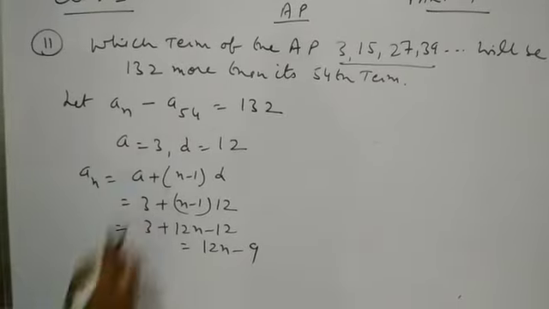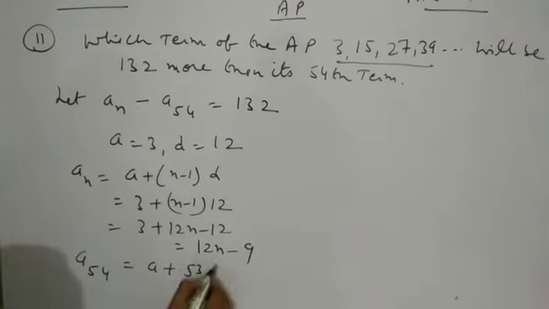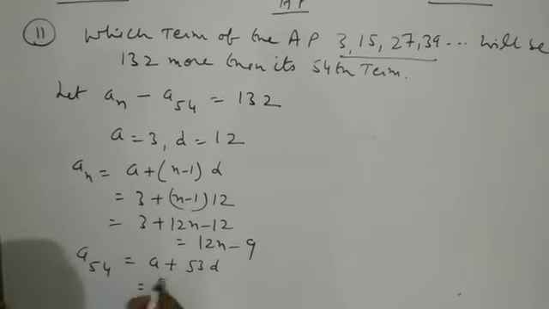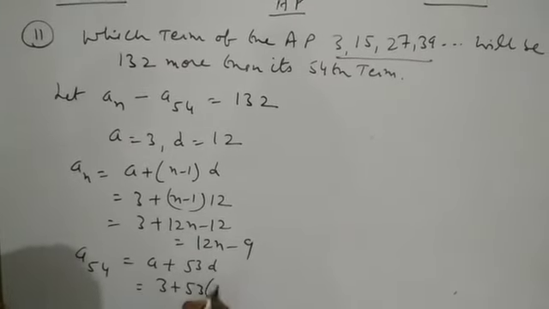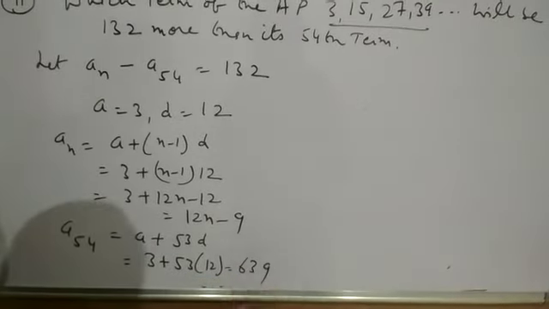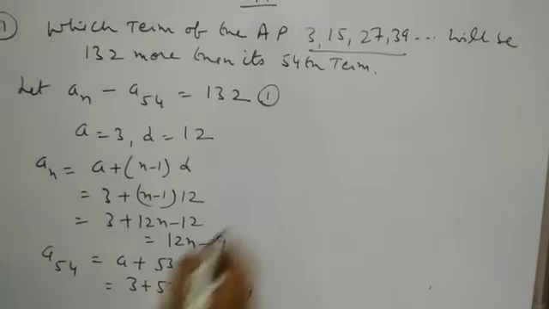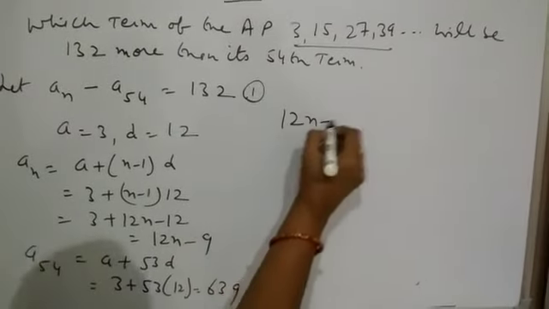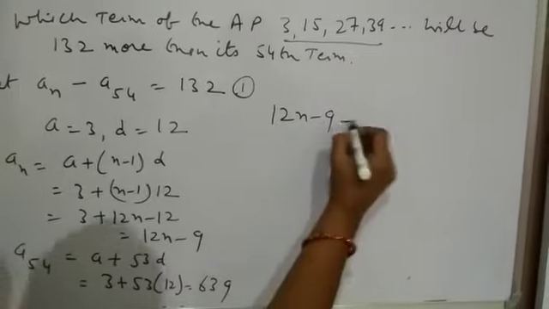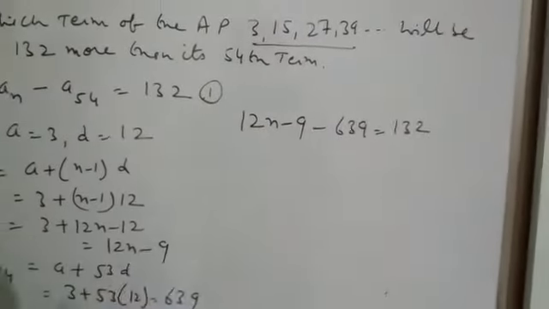Now we will find the 54th term. This is a plus 53d. a is 3 and d is 12. It will be 639. Now we put the values in the equation. a_n is 12n minus 9 and a54 is 639, and the difference is equal to 132.